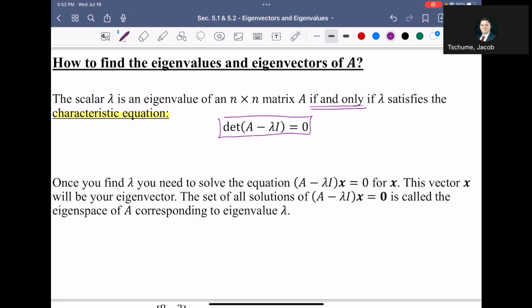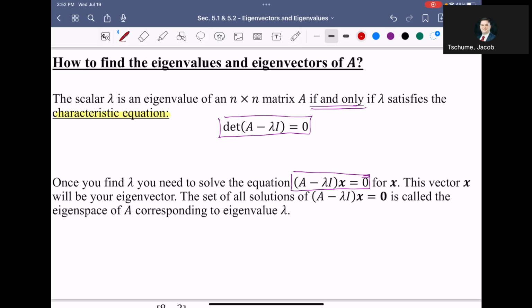Now, once you find an eigenvalue, you need to then resolve, and this is where the actual linear algebra comes in. You're going to have to solve the homogeneous matrix equation of A minus lambda I times vector x equals the 0 vector. You've got to figure out what vector x makes this statement true. Whatever this vector x is, this will be your eigenvector. Now, there could be more than one eigenvector for an eigenvalue. That's not always the case, but usually it does happen.